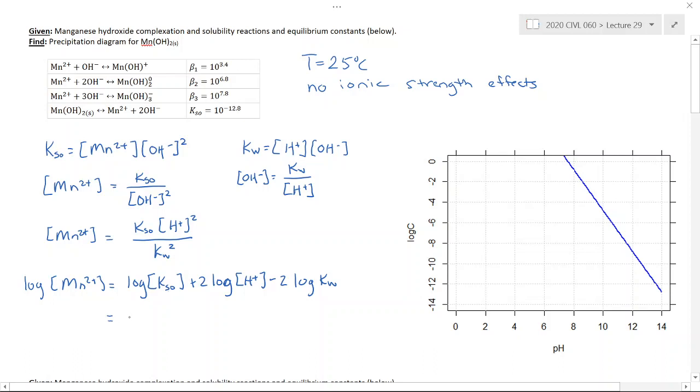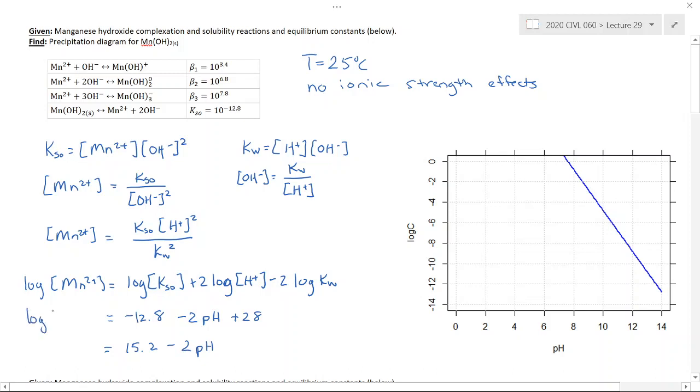And so I have negative 12.8. And pH is the negative log of H plus, so this is going to be negative 2 pH plus 28, or 15.2 minus 2 pH.